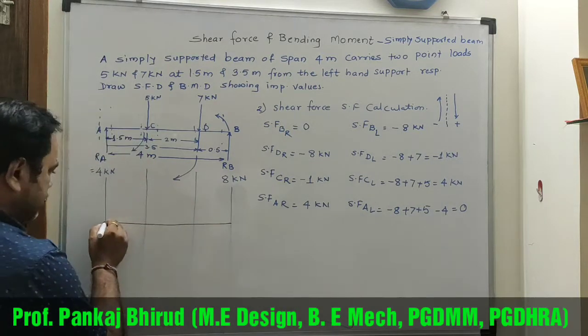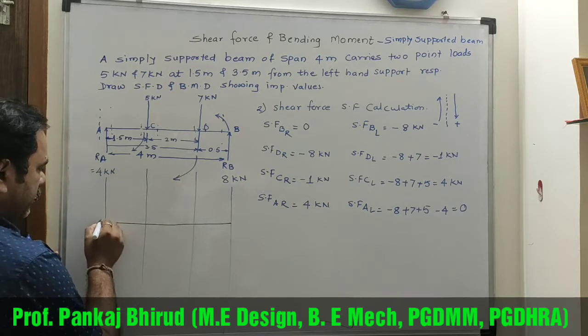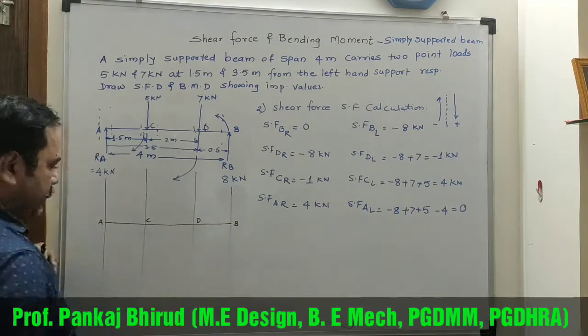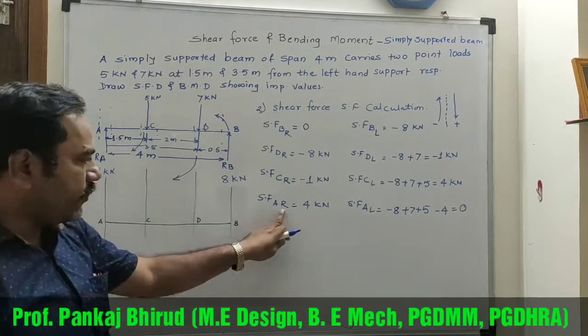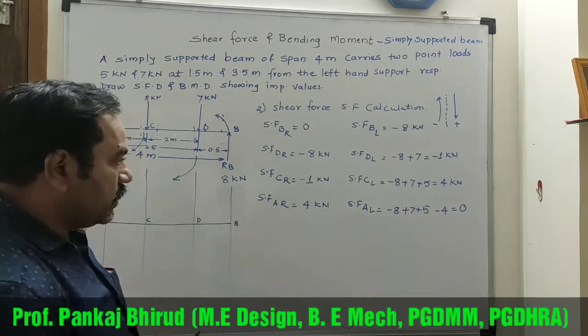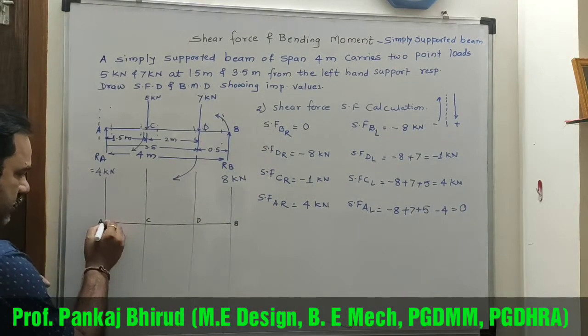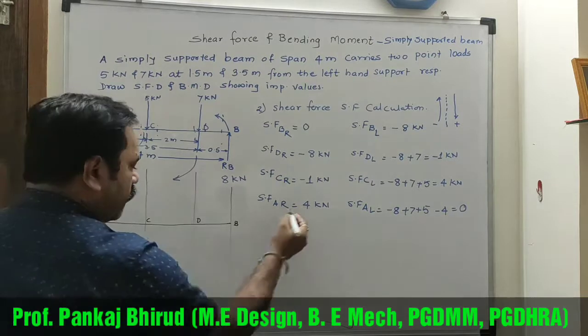So this is the neutral axis, A, C, D, B. So at A point the value is 0. So mention this 0 point. Then 4 kN.